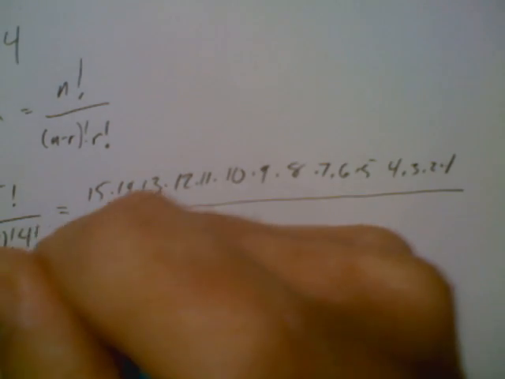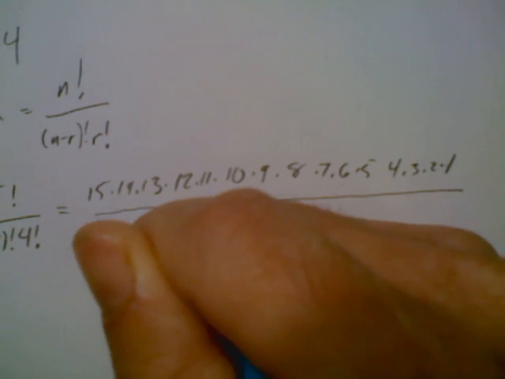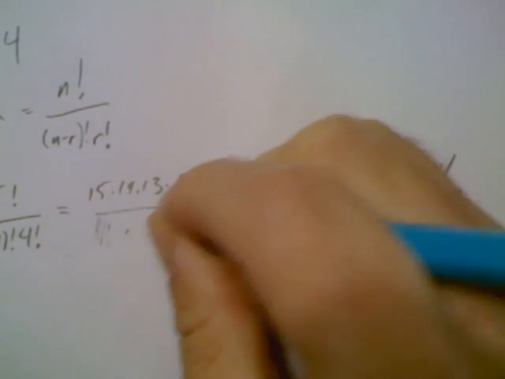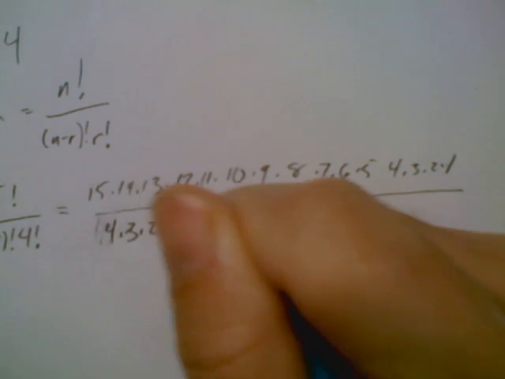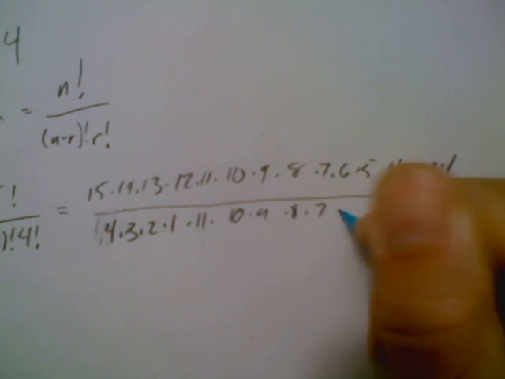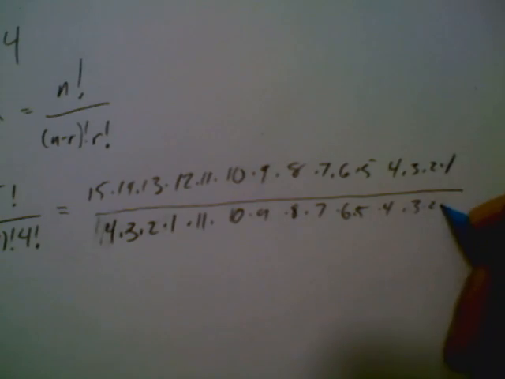We can also rearrange this to make it 4 factorial times 11 factorial. I'm just going to write these out as well: 4 times 3 times 2 times 1 times 11 times 10 times 9 times 8 times 7 times 6 times 5 times 4 times 3 times 2 times 1.